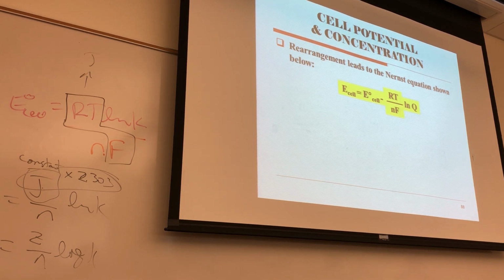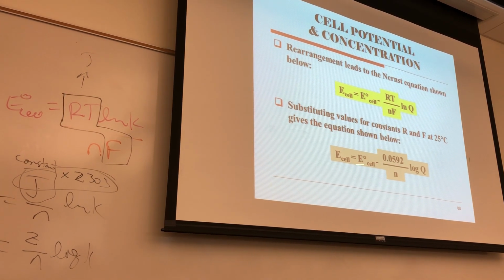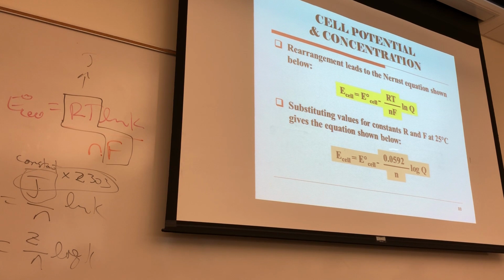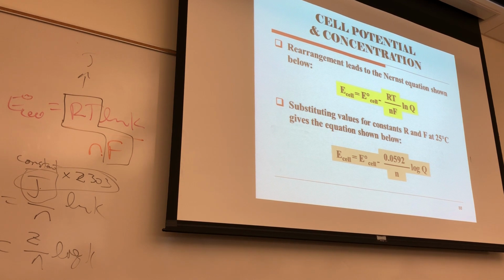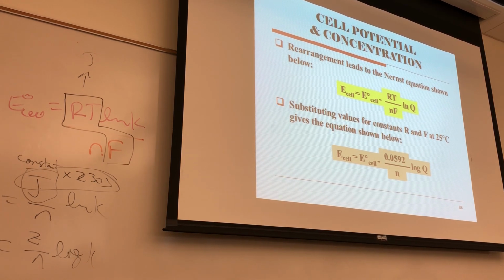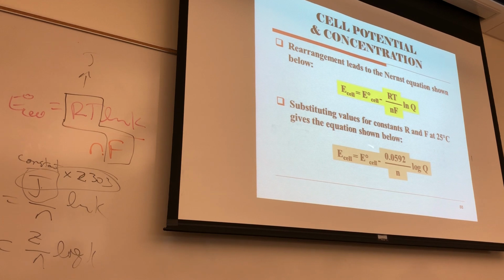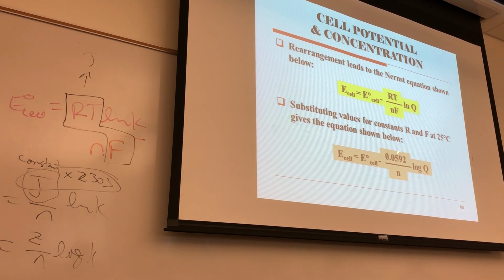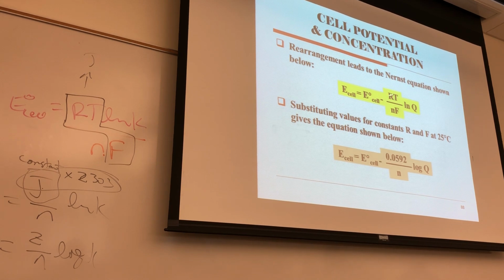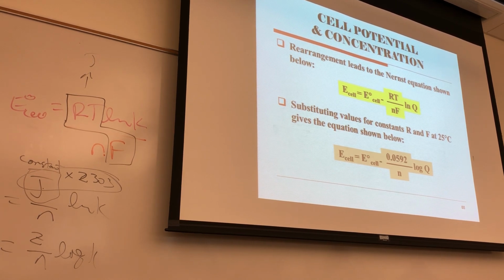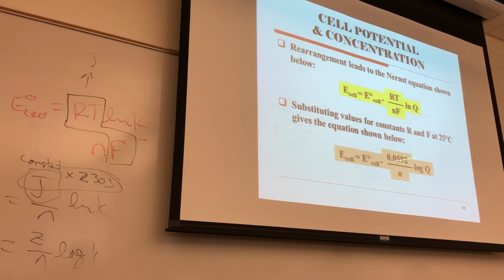So if I do that, I could just convert that into minus 0.0592 over the number of electrons being transferred times the log Q. And of course, substituting T at 298, R is 8.315, and F is 96,485 or whatever that number was. Now I could figure out E of the cell under non-standard conditions.